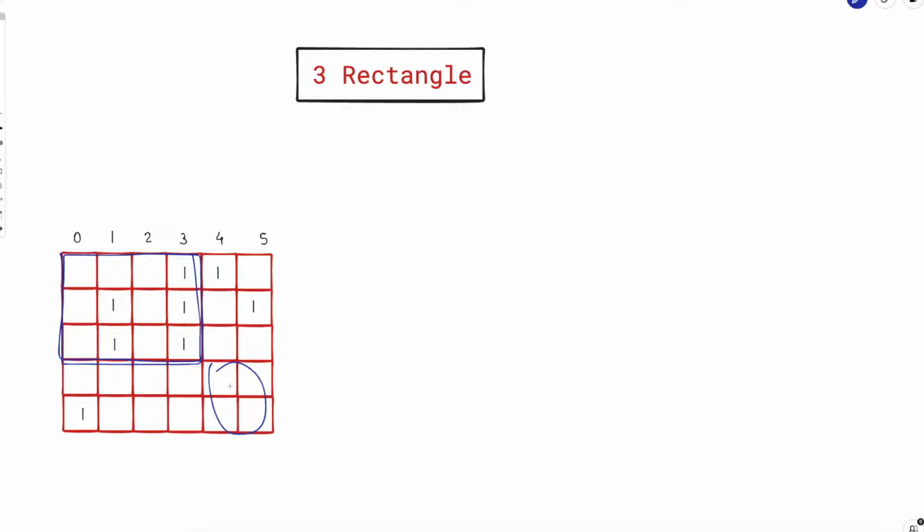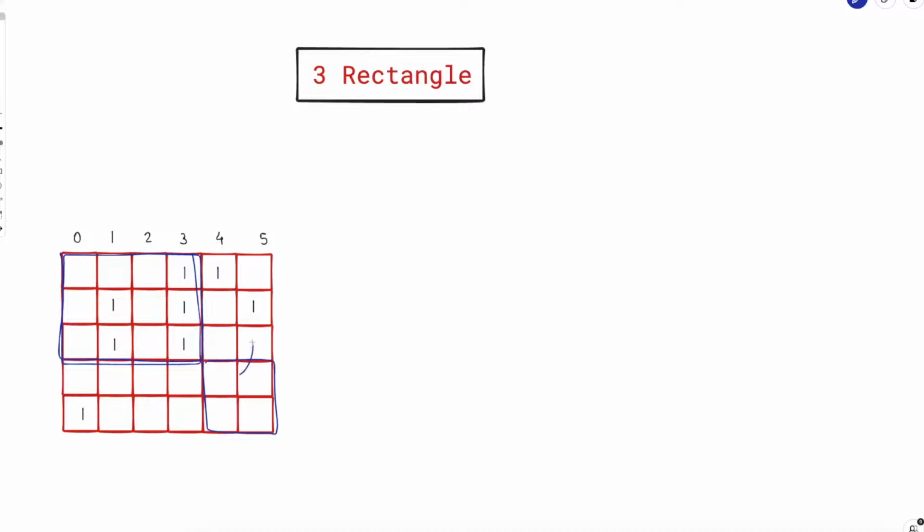It can't be part of both the rectangles, right? So if you think about it closely, this is exactly what we have done before, right? In other words, what we are saying is, we could have a partition here or we could have a partition here, but one of these two partitions we should have. So if you just try to simplify this, we know that this part can either go with this or it can go with this, right?